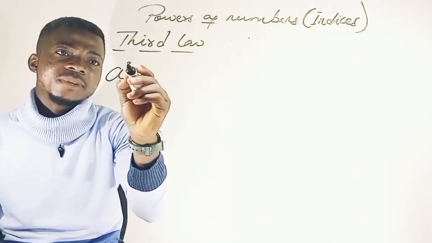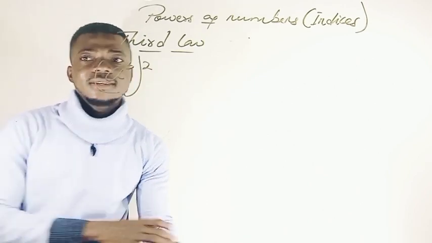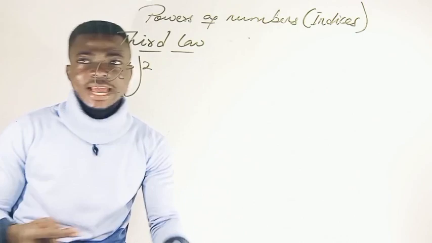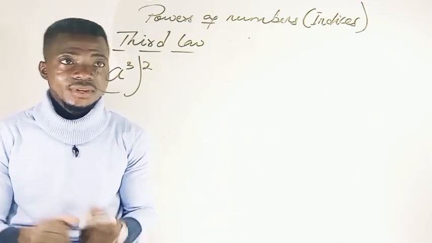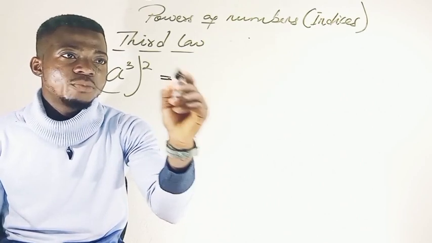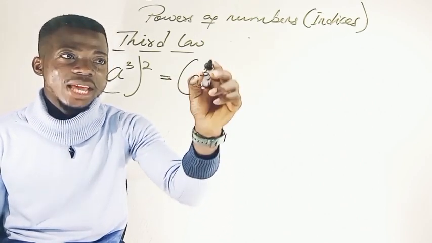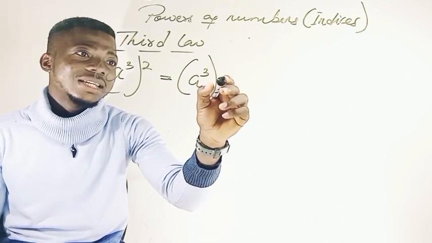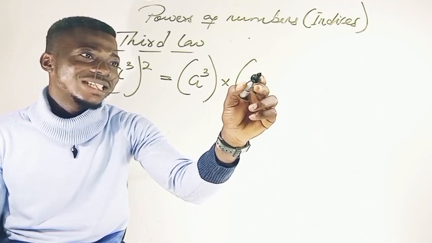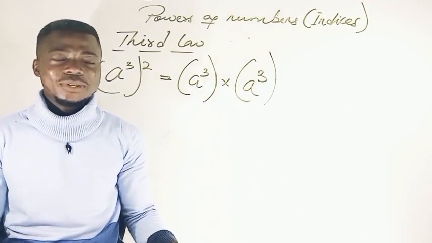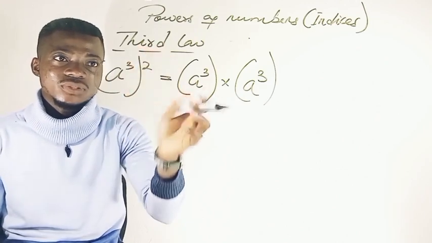If you have a exponent 3, all raised to the power 2, this one can also be rewritten as a exponent 3 times a exponent 3. It's raised to the power 2, so twice of that.